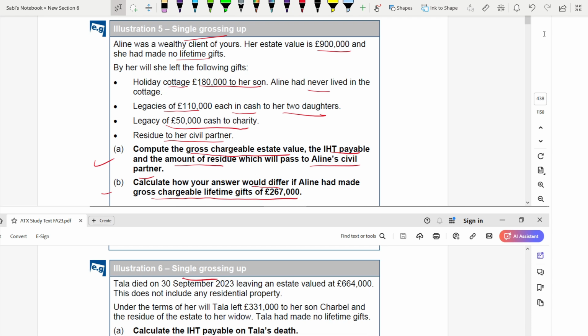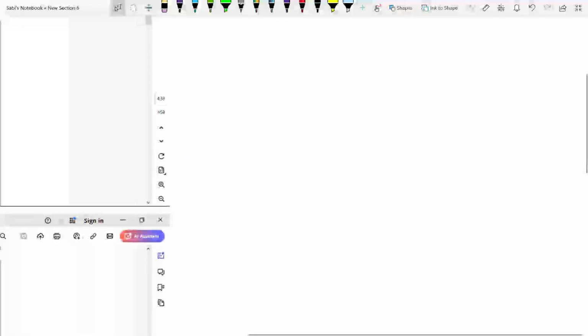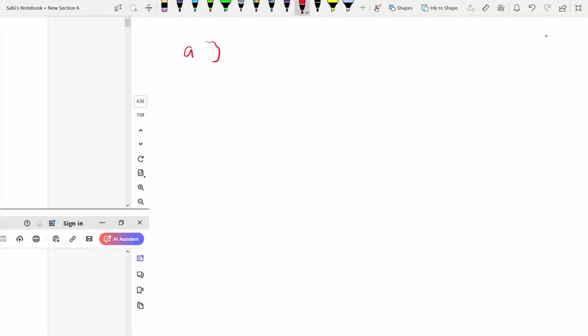Where do you start the question? First, from the estate value. Always from the estate value. The estate value is given as 900,000.